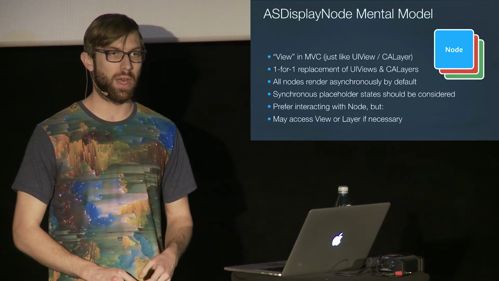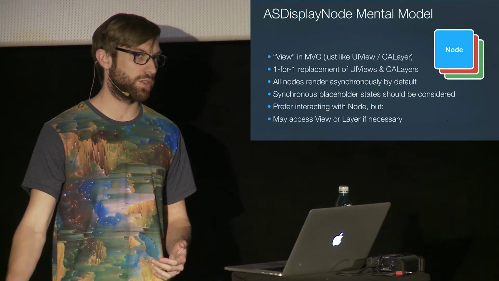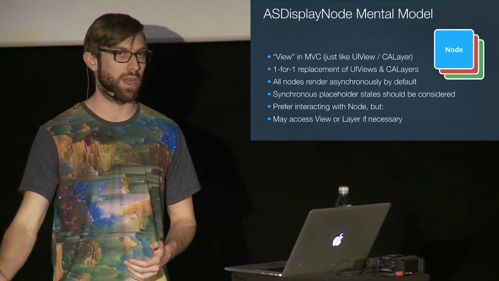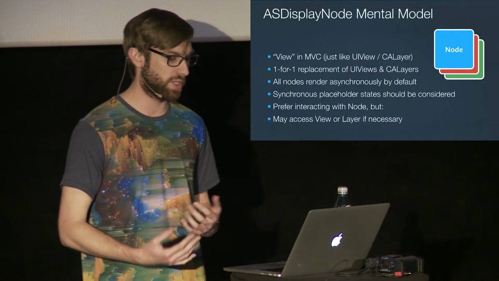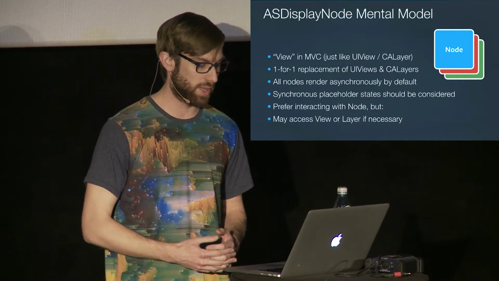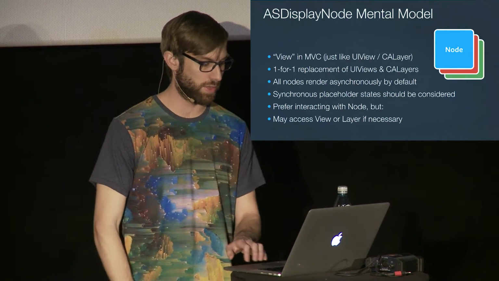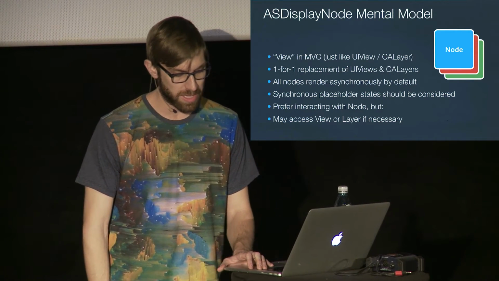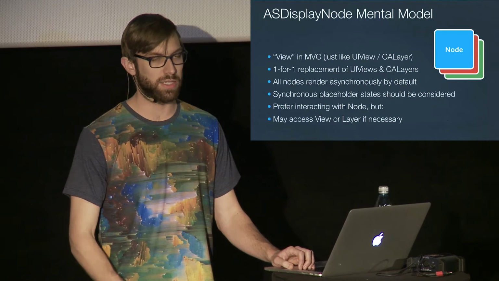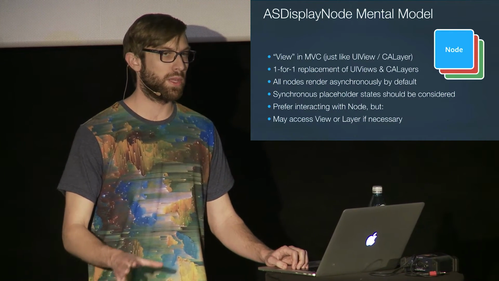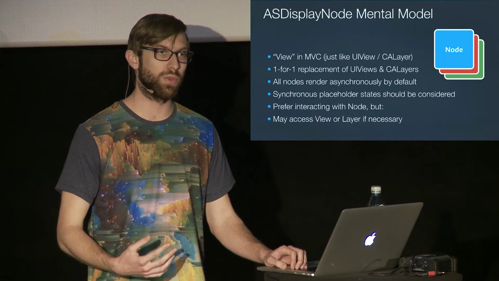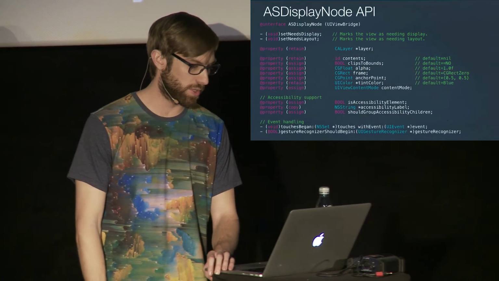In other words, if your systems in place to render ahead of time have not been able to do so quickly enough, there needs to be some well-defined appearance that can be shown synchronously. We'll talk more about this later. And lastly, although you should prefer interacting with the Node API, you can pull out the view and layer at any time if you need to.